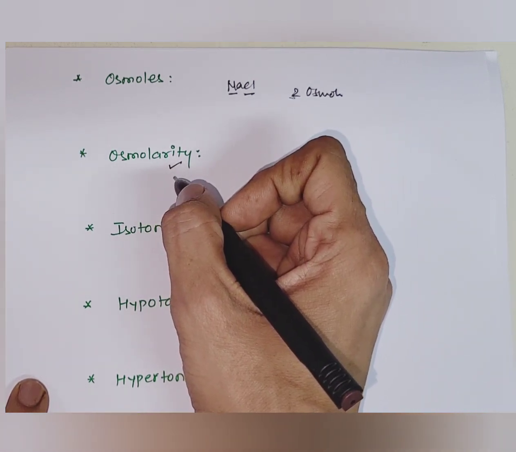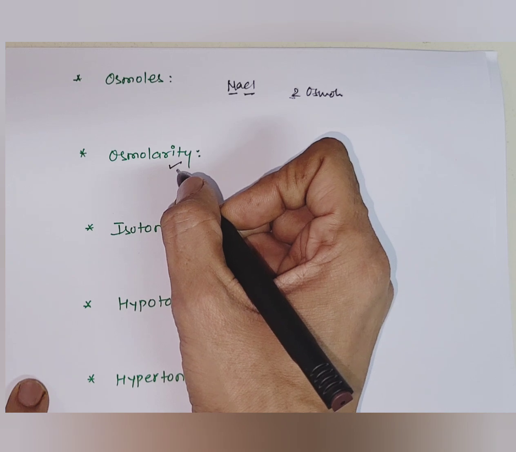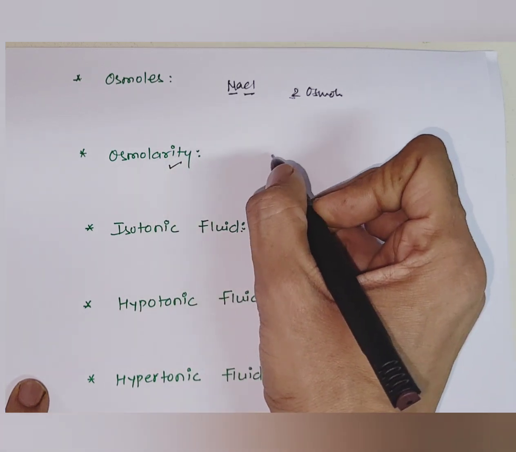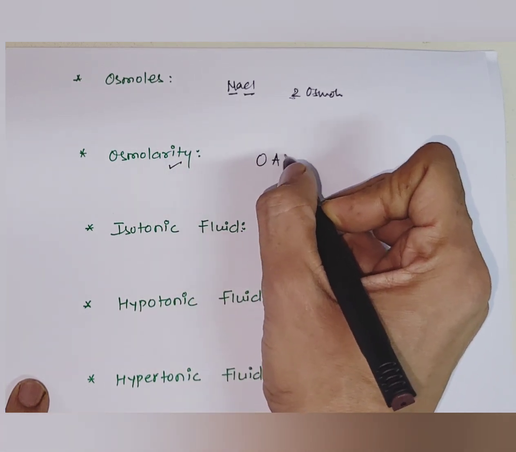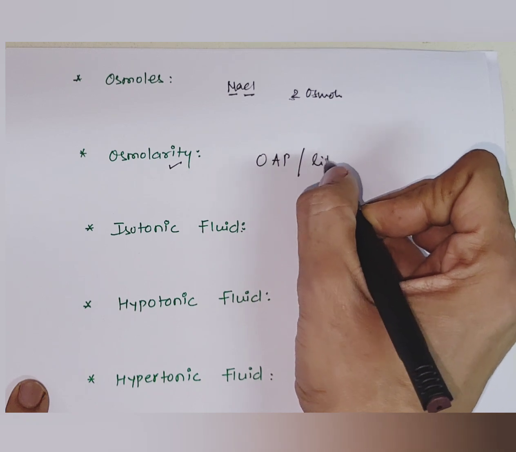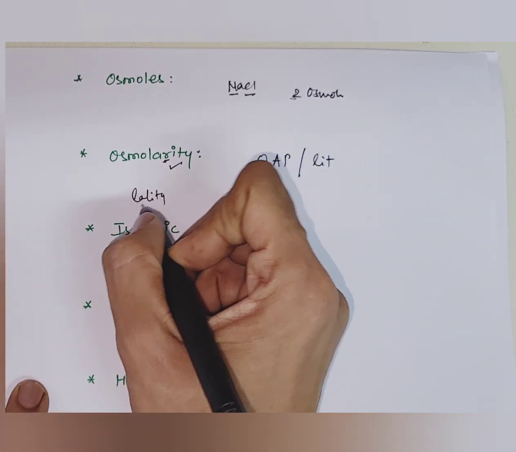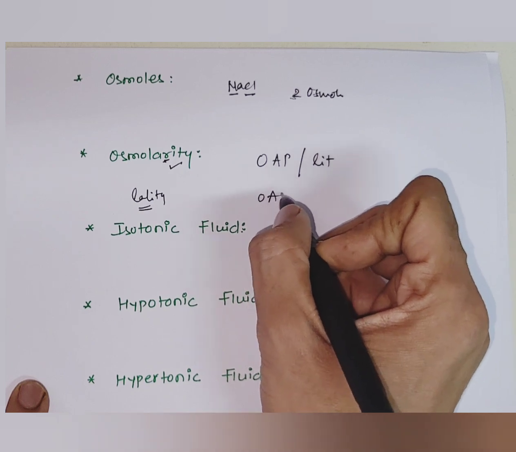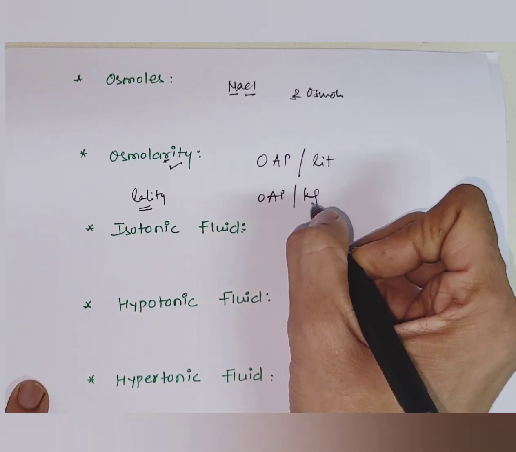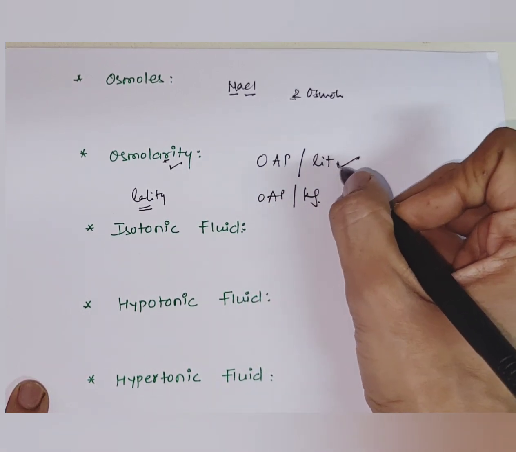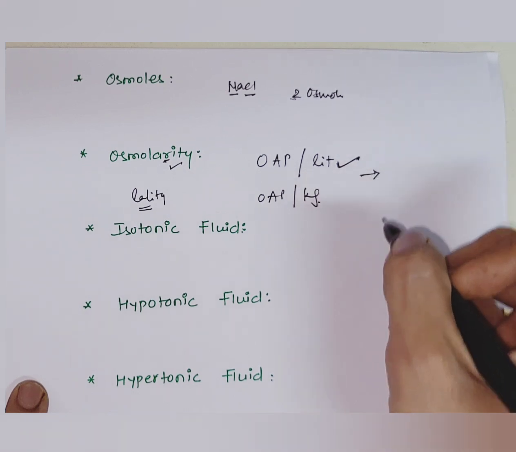Osmolarity means number of osmotically active particles per liter. And osmolality means number of osmotically active particles per kilogram. But normally we use liter, so we use osmolarity.